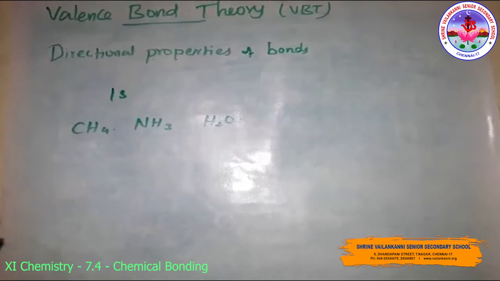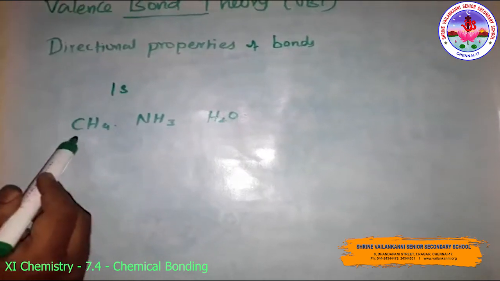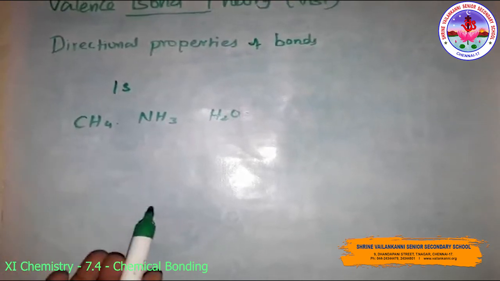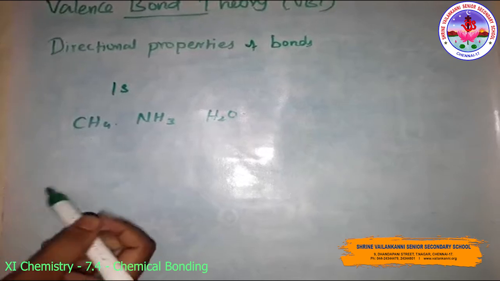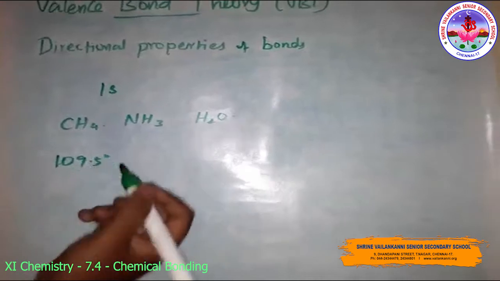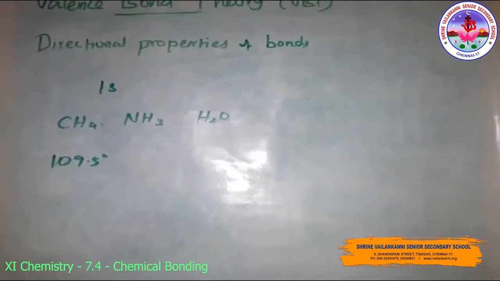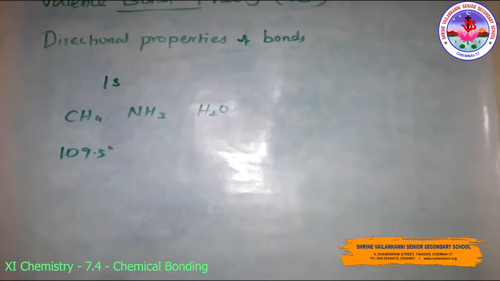For example, why does the methane molecule have a tetrahedral shape, and the HCH bond angle is 109.5 degrees? What is the reason? And why is the shape of the ammonia molecule pyramidal?